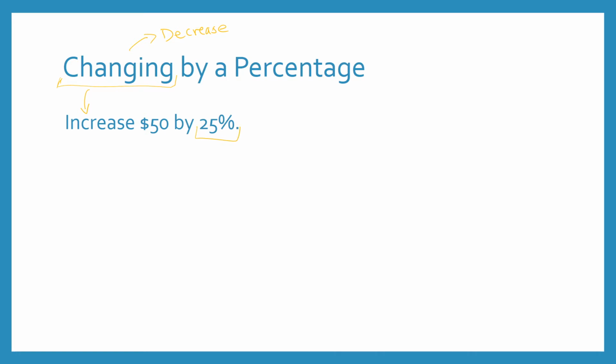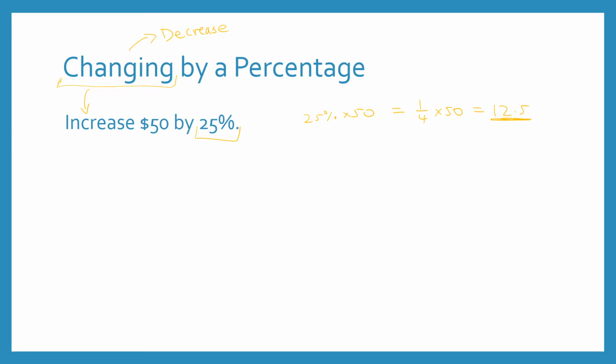So 25% of our original number here, we would go 25% of 50, and that's going to give us a quarter of 50, which is going to give us 12.5. So we end up with 12.5 as the amount of increase.